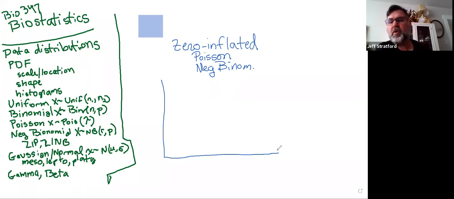What does it look like? When you do a histogram, and this could be something like most diseases, they will have a zero inflated Poisson or negative binomial. Let's say you're looking at 10,000 people and you want to know about some rare childhood disease, and for most populations you'll find that most have 0.